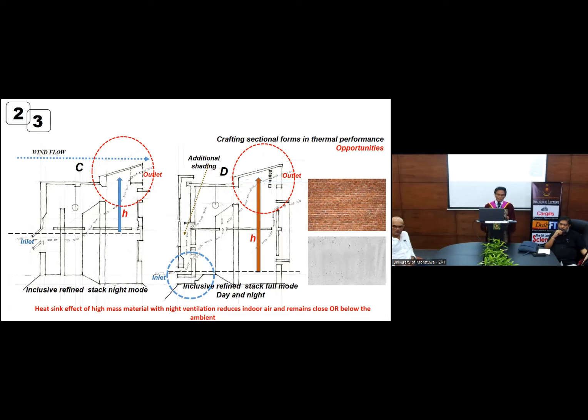When there is some sort of shading or additional protective buffer zone, it brings less heat compared to the previous models. It then travels across the building from the ground floor to the upper floor, and the height is more between the outlet and inlet, so the stack effect works. So an architect and engineer can simply intervene in this crafting exercise.